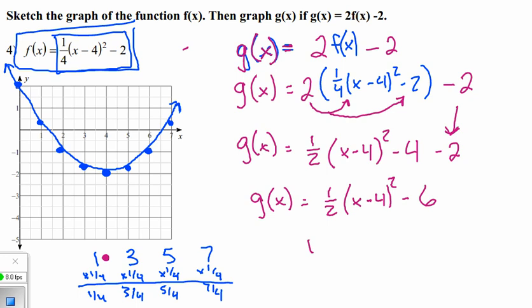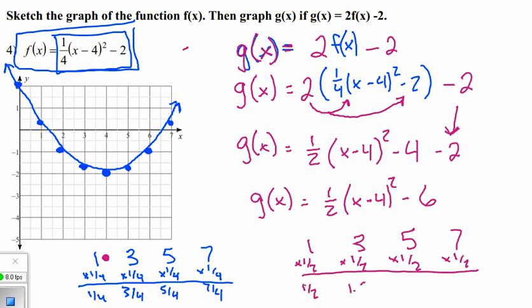Craziness. And then our pattern, 1, 3, 5, 7. So just the same way we did f of x, we can do g of x, but we multiply them all by 1/2. Times 1/2, times 1/2, times 1/2. So I get 1/2 here, 1.5, I get 2.5, and 3.5. All right, so as we move away from the vertex, the first time we go up 1/2 of a block.